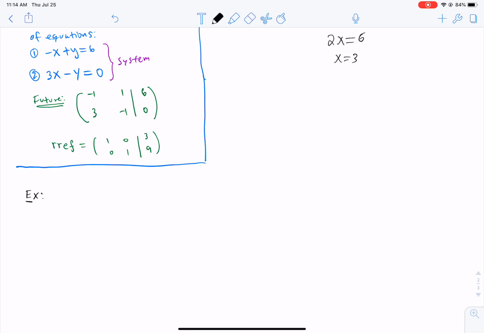Suppose that a man has 14 coins in his pocket, all of which are dimes and quarters.